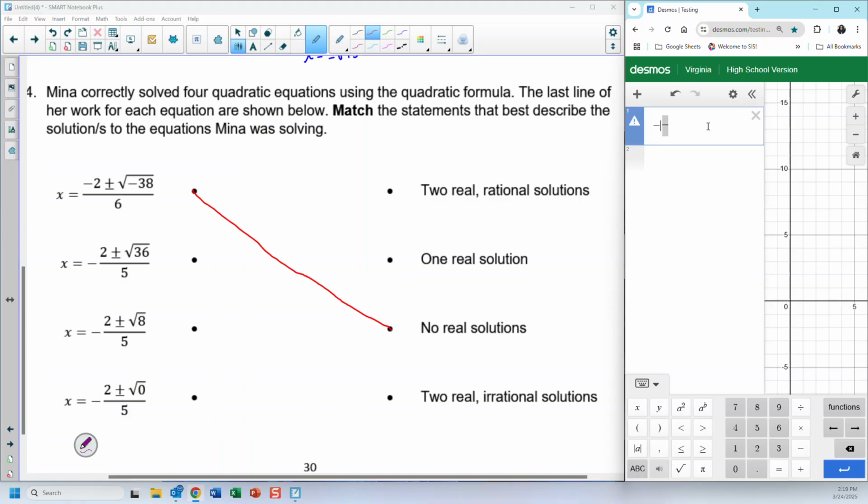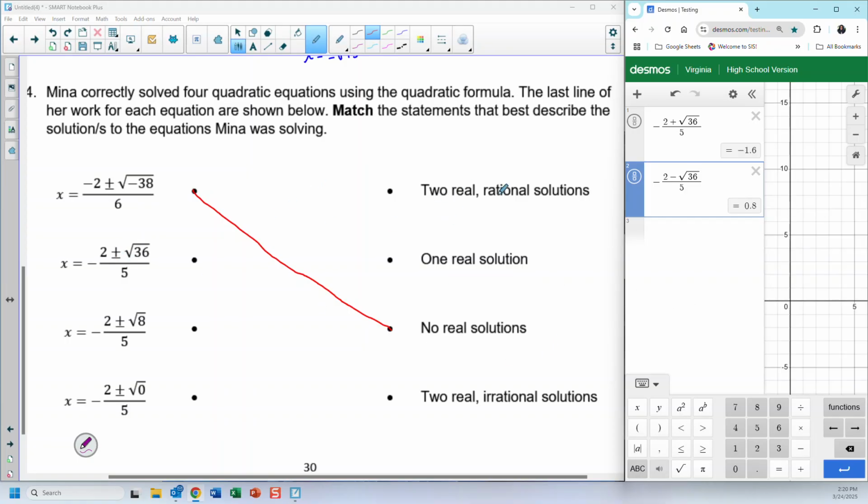The other one is negative 2 plus square root of 36 over 5, and then I have the same thing except this one is a negative. All right, I have 2 solutions here. One is positive, one is negative. And so which one am I going to choose?